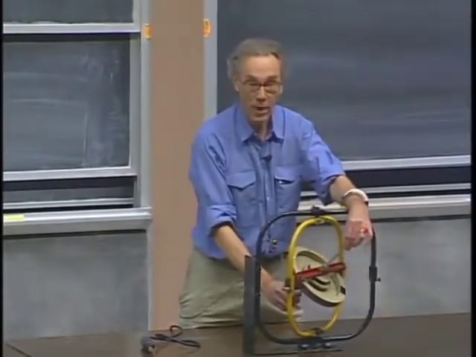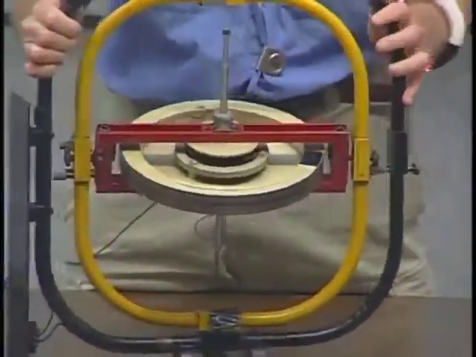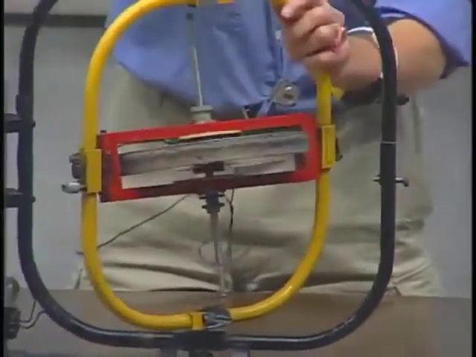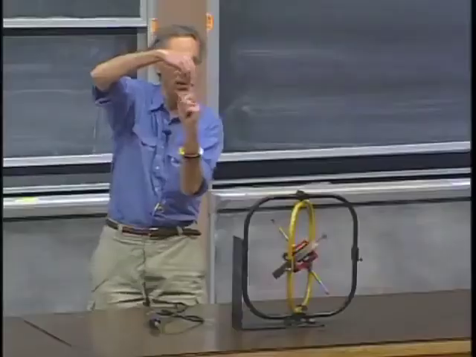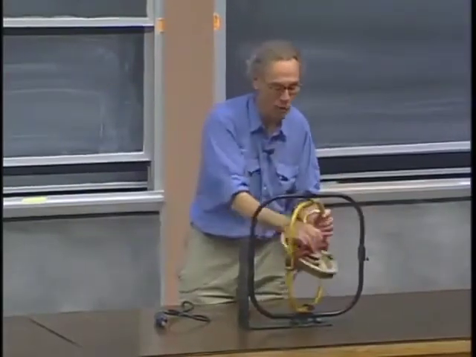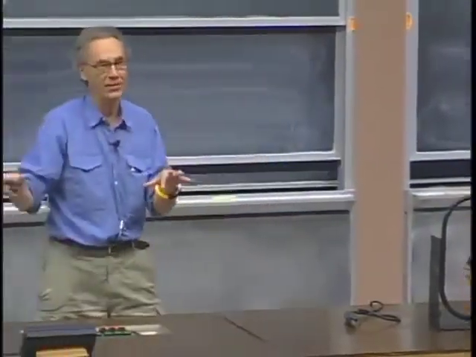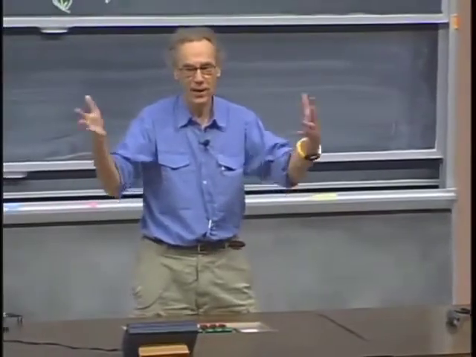But what will happen, of course, is that this yellow frame will rotate, or this black frame will rotate. And in these bearings here are shaft encoders. And they sense the rotation that the outer housing makes in order to keep this thing pointing at the same direction. And that signal is being fed back to the automatic pilot, and that keeps the plane flying in the direction that you want to.